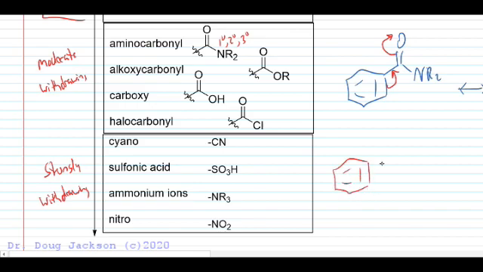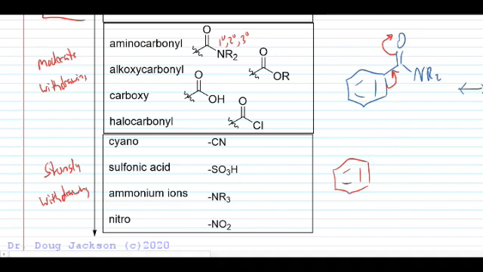So nitrile, benzonitrile here, okay, has a pi bond that can withdraw to a negative nitrogen, so there's that. The sulfonate or the sulfonic acid here, so we'd have two SO bonds here that can withdraw into both of those, so that's strongly withdrawing.